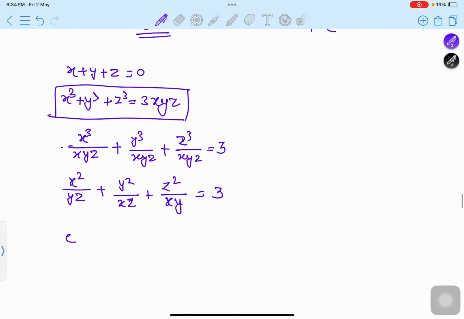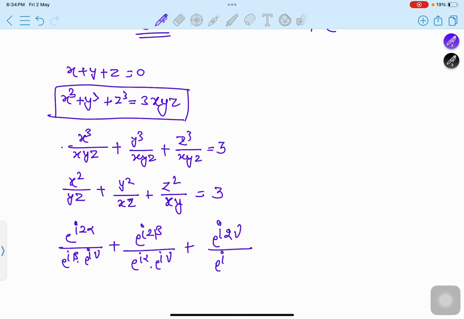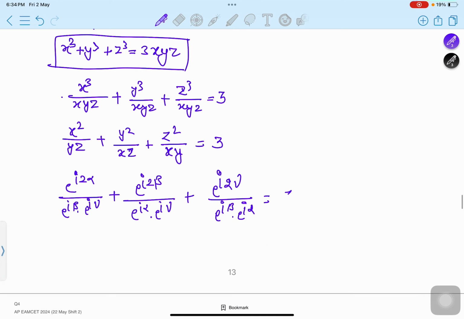So e power iota 2 alpha, because it is square, divided by e power iota beta into e power iota gamma, same with e power iota 2 beta over e power iota alpha into e power iota gamma, same with e power iota 2 gamma over e power iota beta and e power iota alpha. Okay, and according to the condition, this is equal to 3.